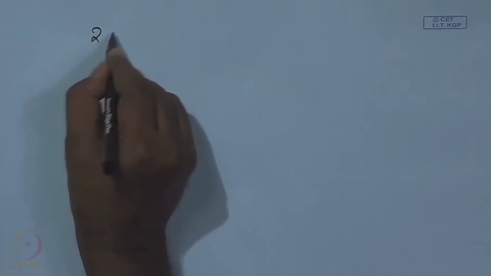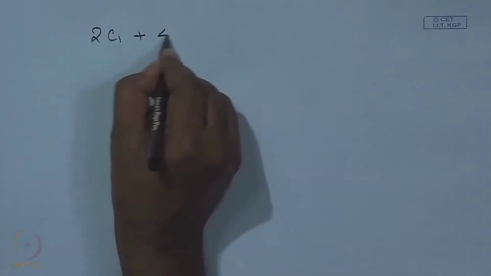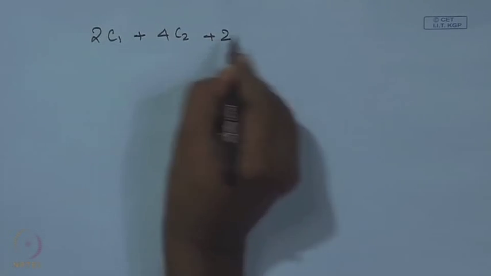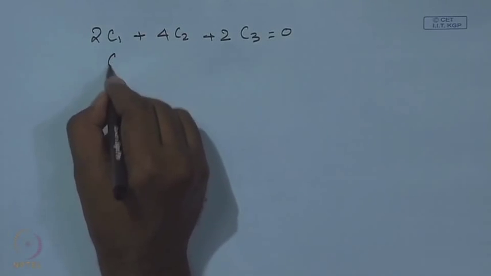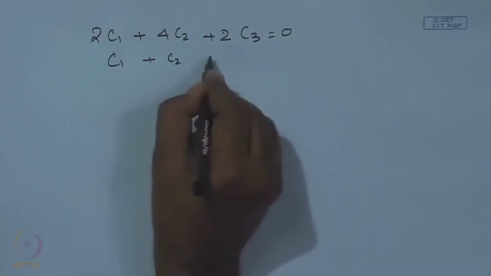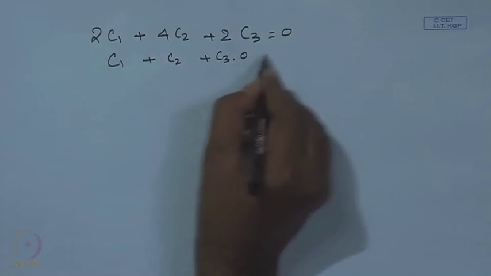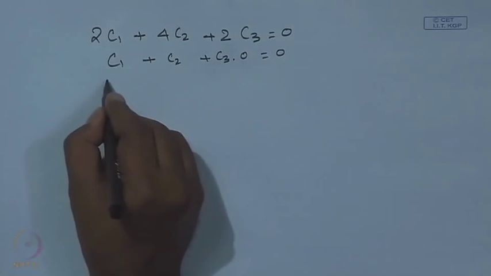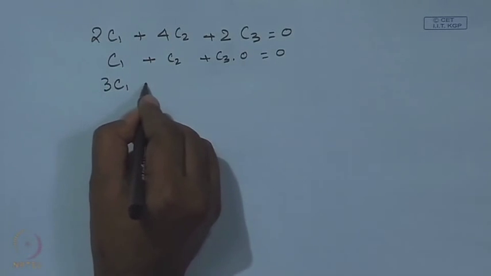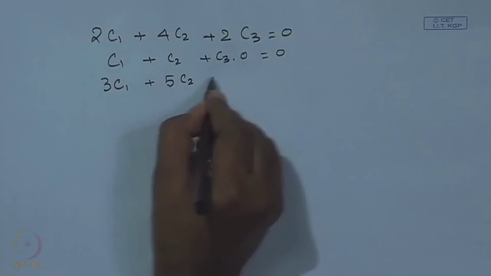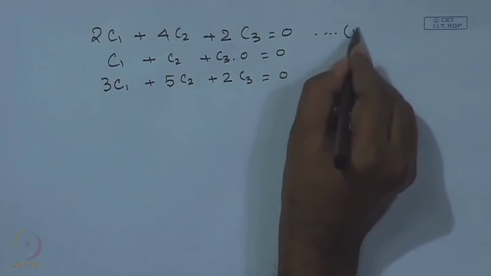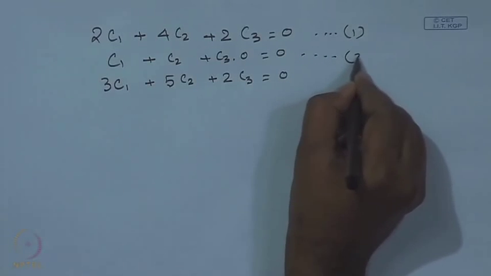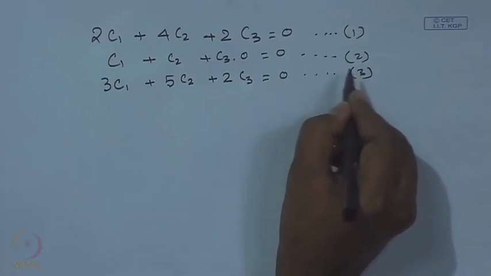So you will get 3 equations: 2C1 plus 4C2 plus 2C3 equal to 0; C1 plus C2 plus C3 multiplied by 0 equal to 0; and 3C1 plus 5C2 plus 2C3 equal to 0. This is equation number 1, equation 2, and equation 3.